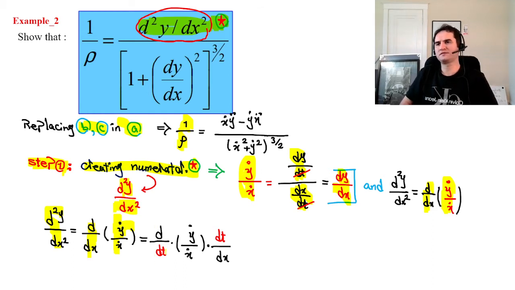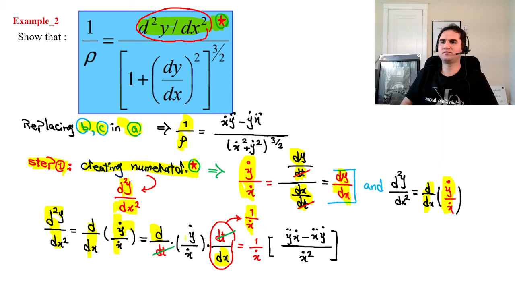By the chain rule, you can replace d over dx like this: d over dt times dt over dx, that's d over dx of y dot over x dot. So in that sense, you can cancel dt by dt and you get the same term. And dt over dx is 1 over x dot.